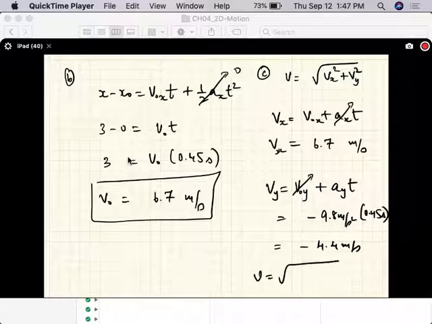So the final speed is, okay, it hits the floor at 8 meters per second.